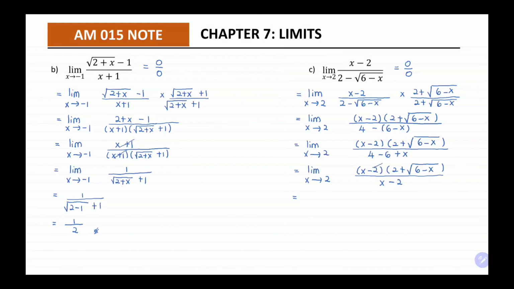Then we cancel out (x - 2), so what remains is limit x approaches 2, (2 + √(6 - x)). Next we substitute 2 into the function, we get 2 + √(6 - 2), so 6 minus 2 is 4, √4 is 2, 2 plus 2 is 4.